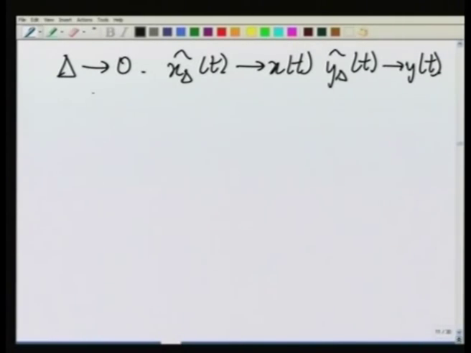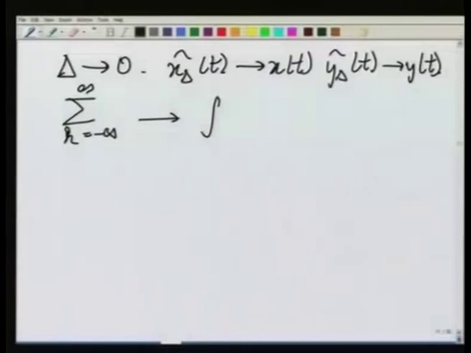The summation over all k equals minus infinity to infinity that we have done will have to be replaced by an integral, because the points kΔ will get extremely numerous and will populate the entire time axis.